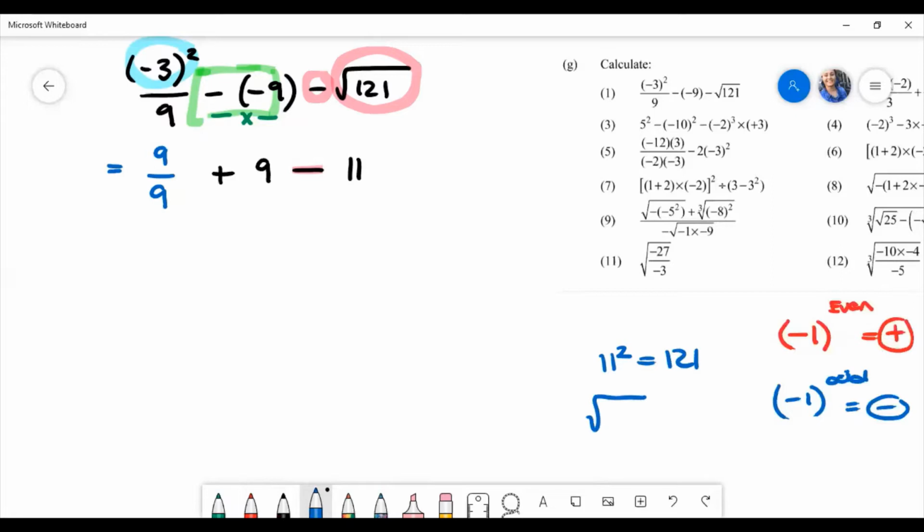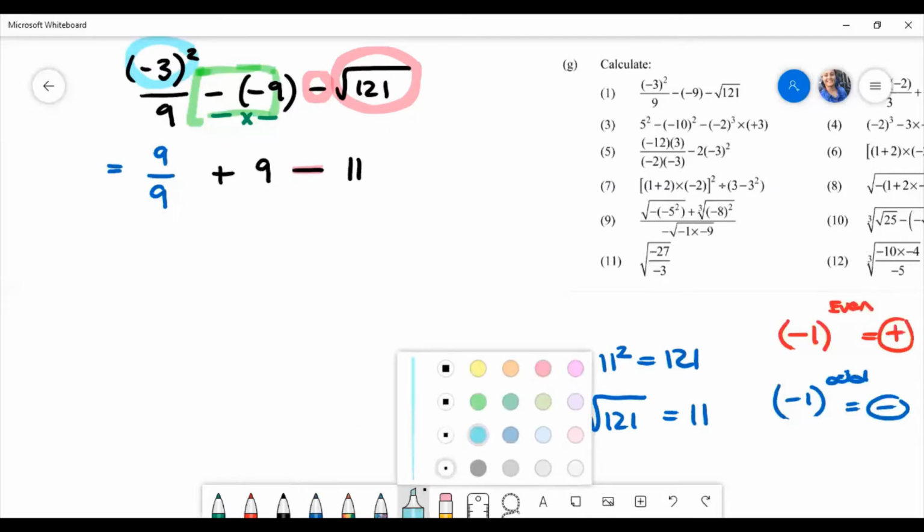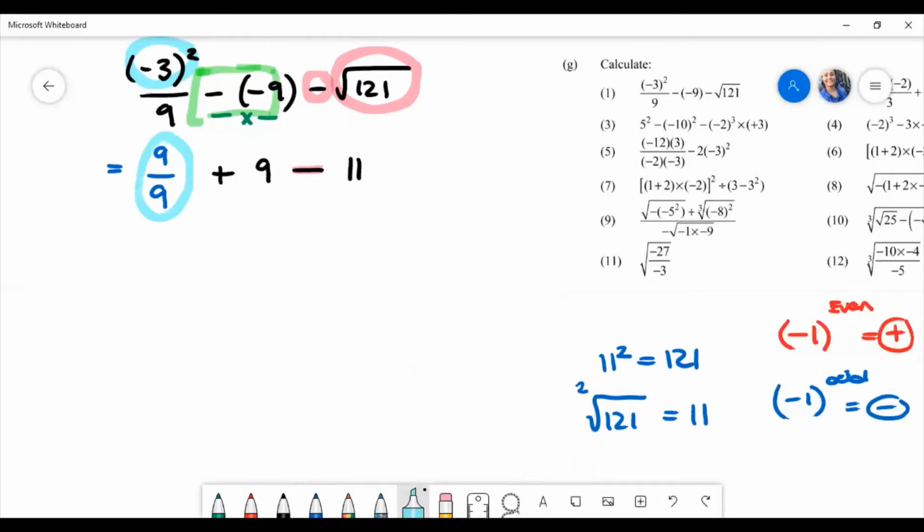Therefore, the square root, little invisible 2, of 121 gives me the base that I would have multiplied by itself to give 121. Right, now I can continue, and I always want to focus on simplifying but also sticking to Bodmas. And I see I've got a 9 divided by 9, which gives me 1 plus the 9 minus 11.